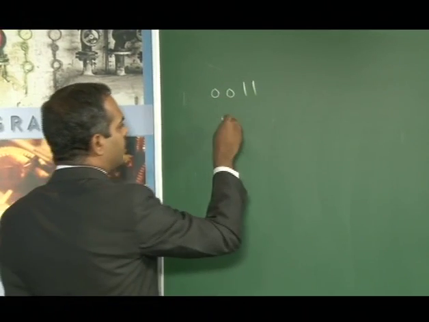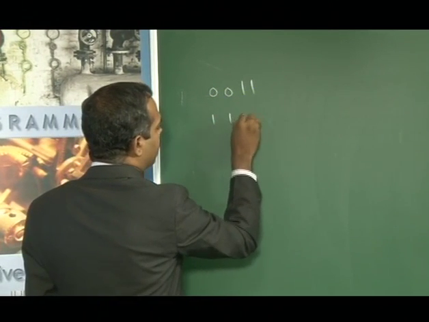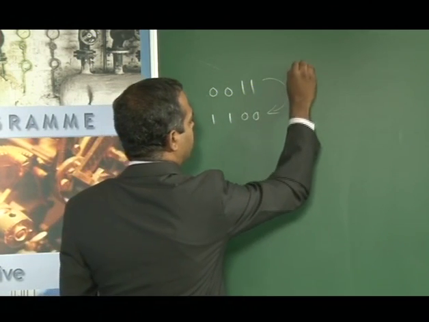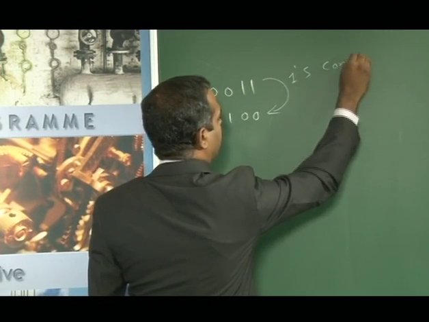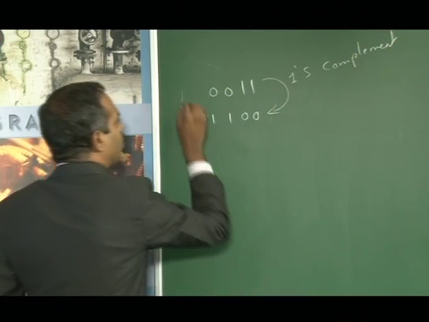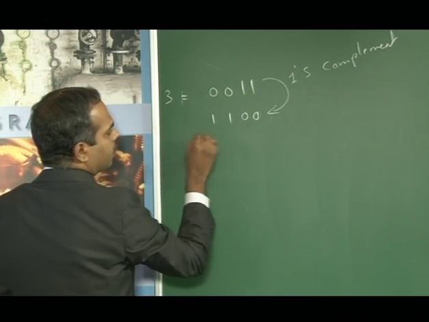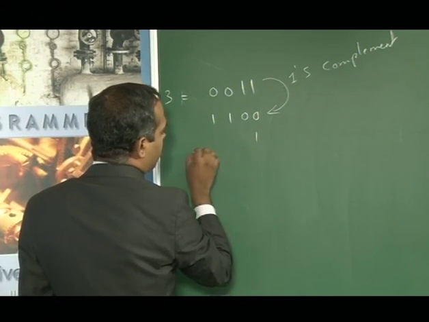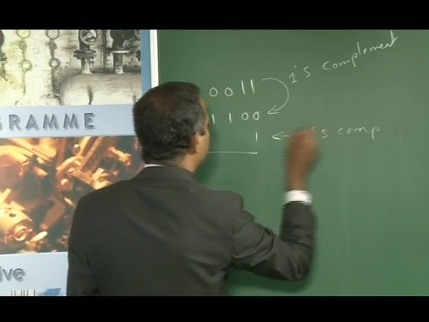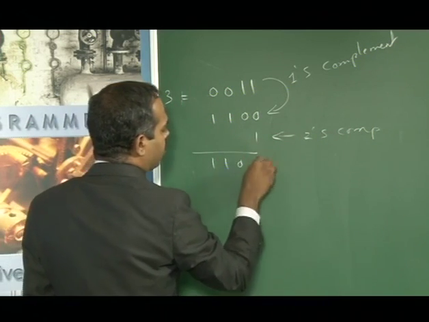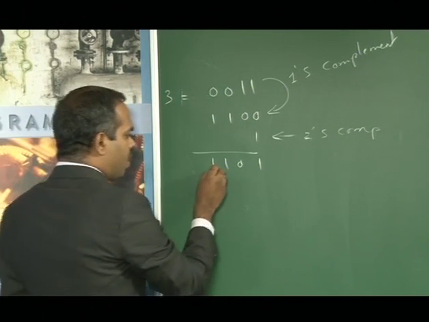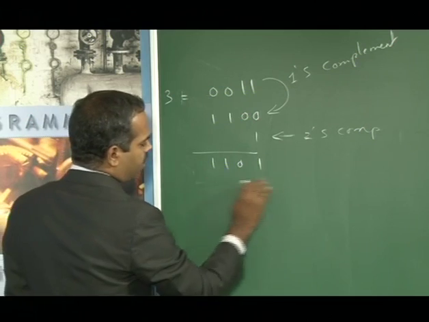If I take the 1's complement of this, it is this. One's complement of 3. Then I have to do the 2's complement. By doing this, I am taking a 2's complement value. So what is the answer? 1101. I have taken a single nibble.